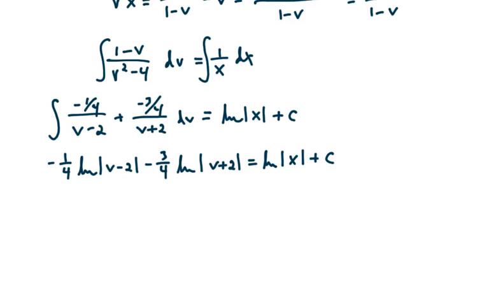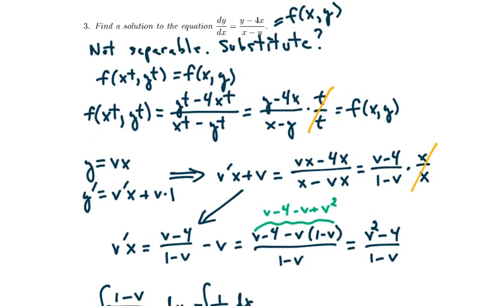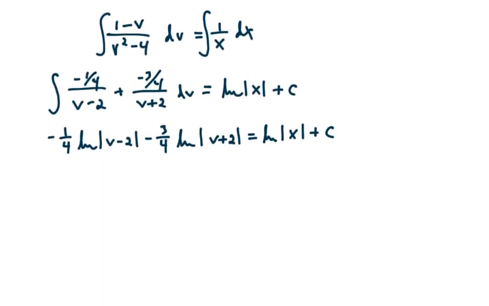Now remember, our original equation was dy/dx, which means we want to solve for y as a function of x. The substitution that we made was y equals vx. So here we have v, which means v is going to be y over x. And so we have to make that substitution in.